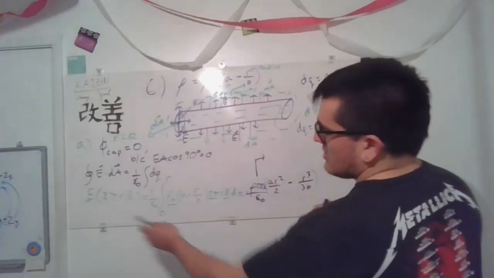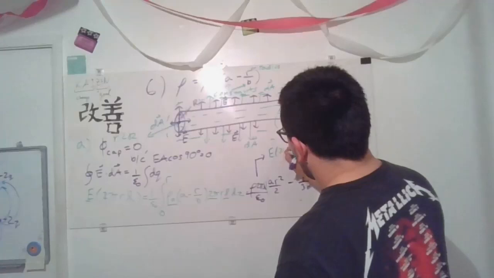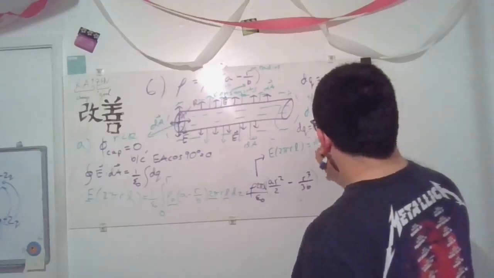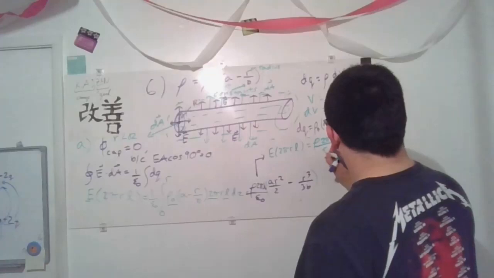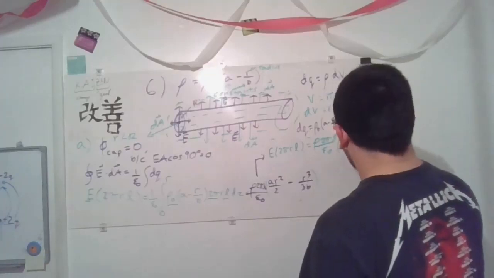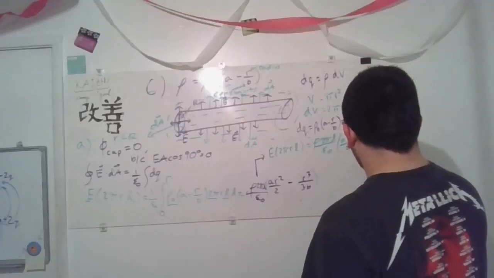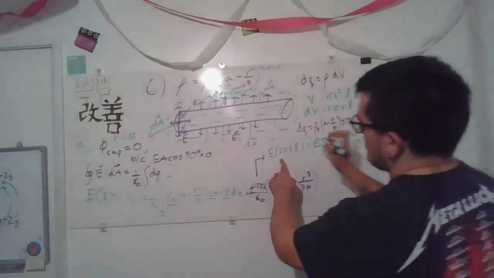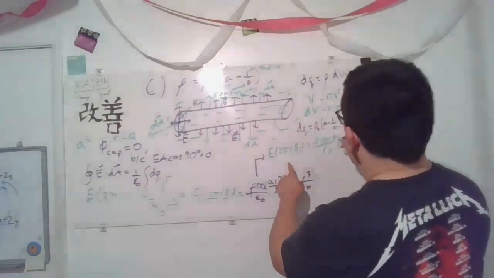Okay. Now let's go ahead and work with everything. Now this 2 will cancel out, this pi will cancel out, this L will cancel out.